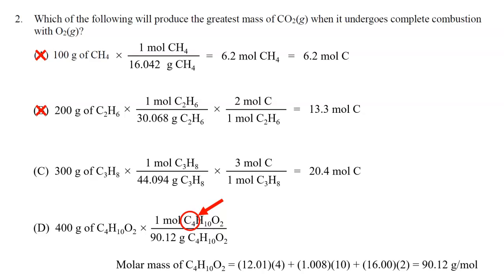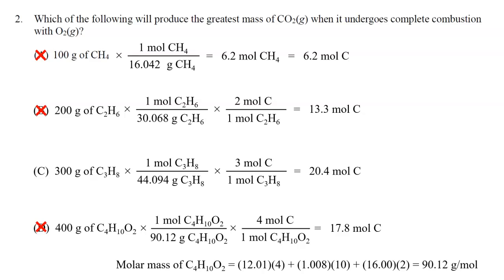In this particular chemical formula, there is a 4 as a subscript for carbon, which means that there are 4 moles of carbon for every 1 mole of C4H10O2. So I pick up my calculator and do 400 divided by 90.12 times 4, and I get a value of 17.8, which is less than 20.4. So I can eliminate choice D.